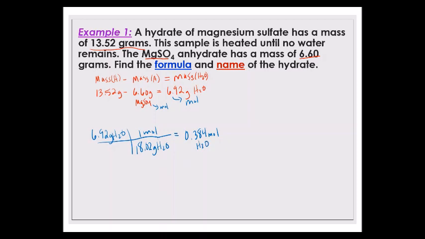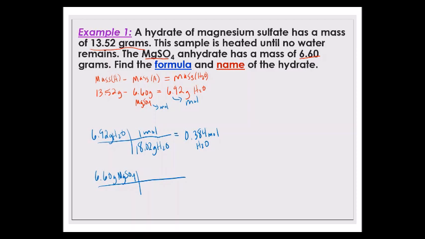Now the other one, the magnesium sulfate, 6.60 grams, which is the anhydrate here. I'm just going to tell you the molar mass because I forgot to put the periodic table in here. Magnesium is 24.31, the sulfur is 32.06, and then of course 4 times 16 is 64.